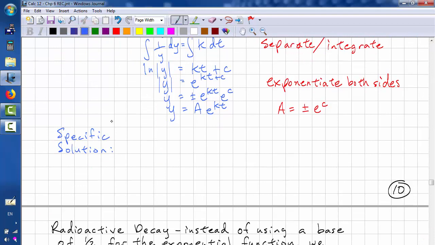We can find a specific solution by plugging in t i, y i equals a e to the k t i. So solve for k if not given.